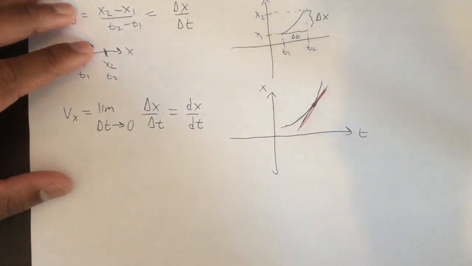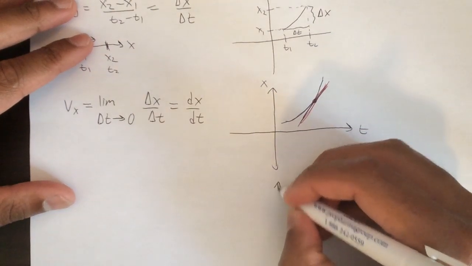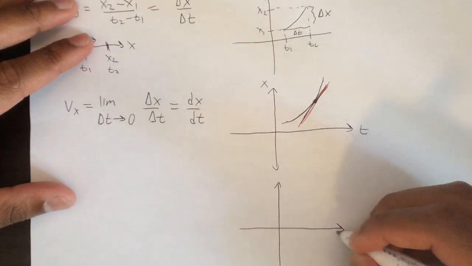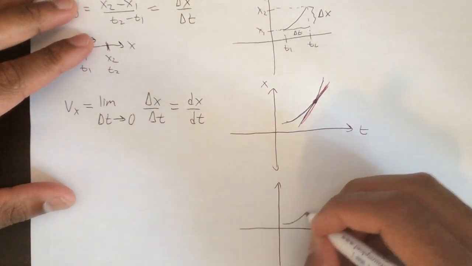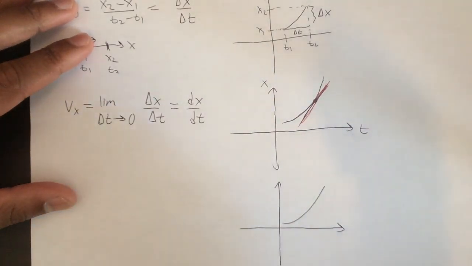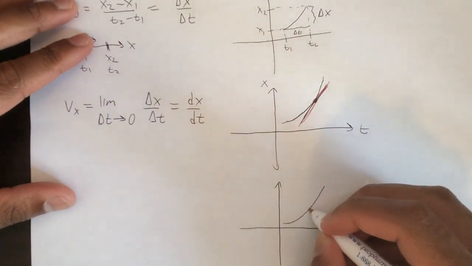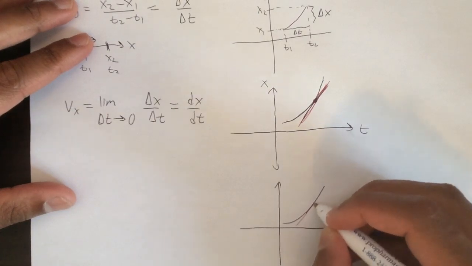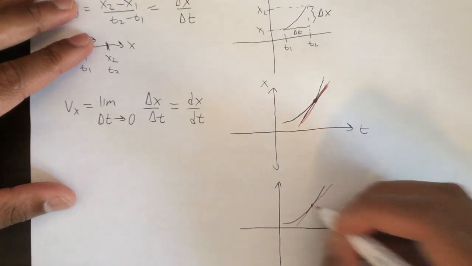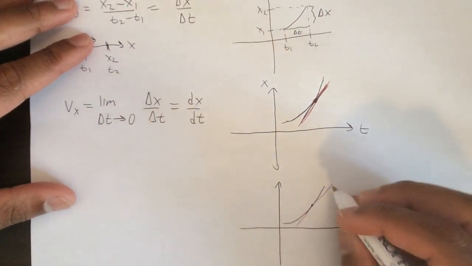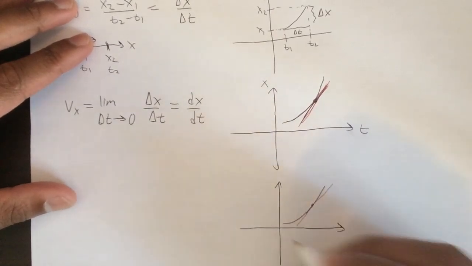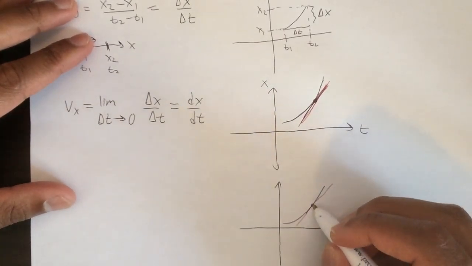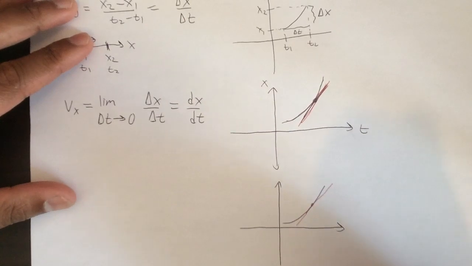Maybe it'll look a little neater. If you have something like this and a line like this, the instantaneous velocity is a tangent line to a point on this graph. That's all it is.